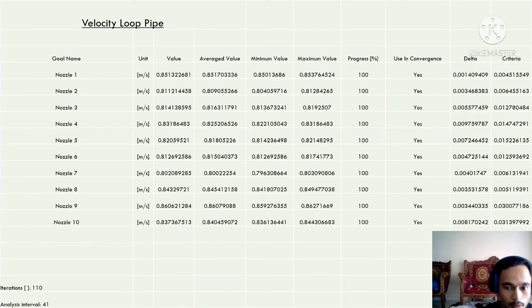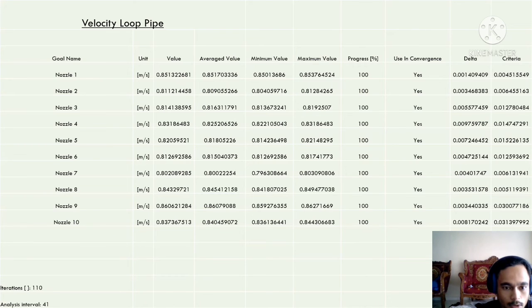So the reduction in velocity might be caused by the bending of pipe, which has increased the resistance along the pipe, making the water flow to have a reduced velocity.